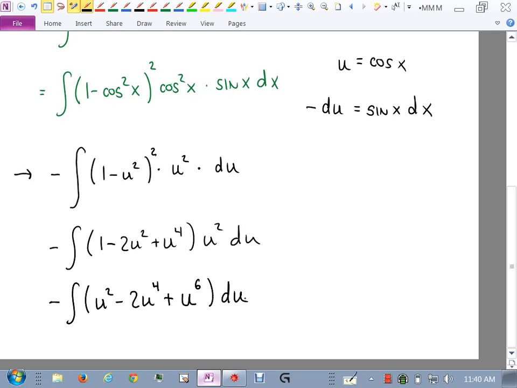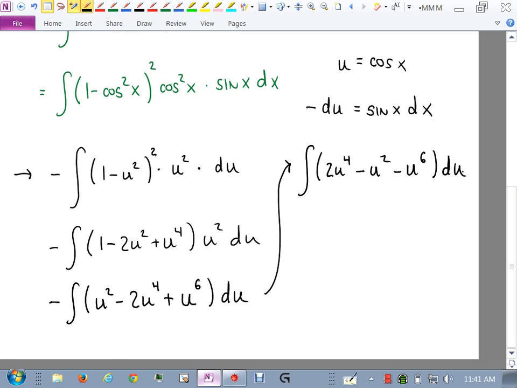Integrate term by term. Power rule on each one. I'm going to do something before I integrate. Let's see if you like this or not. You don't have to do this step, but what did I do here? I put the negative back in because I don't want to keep track of it. So I just put it back in, just change the signs of that. So I reordered it.